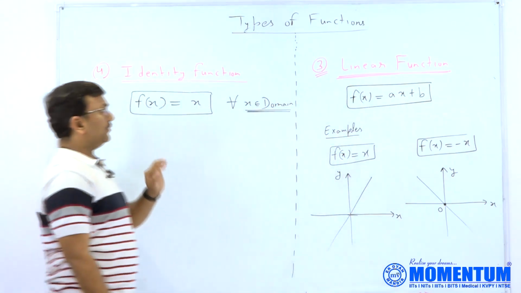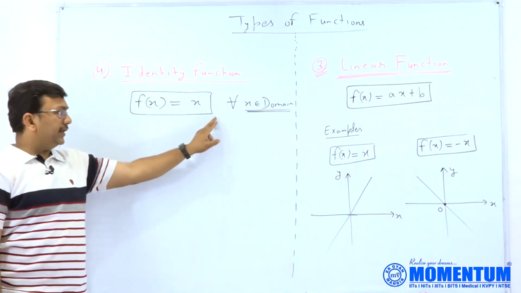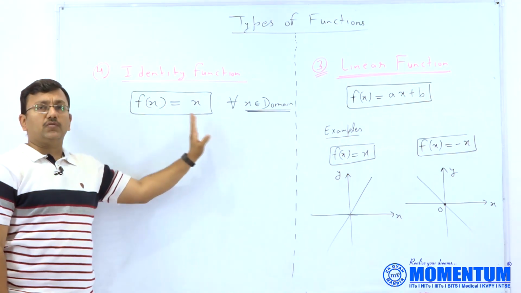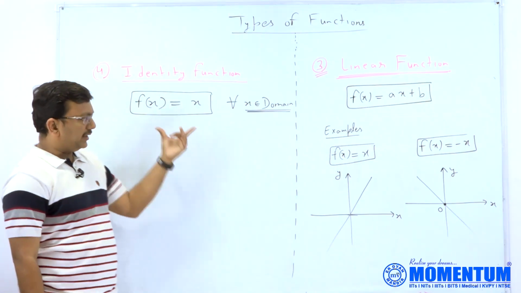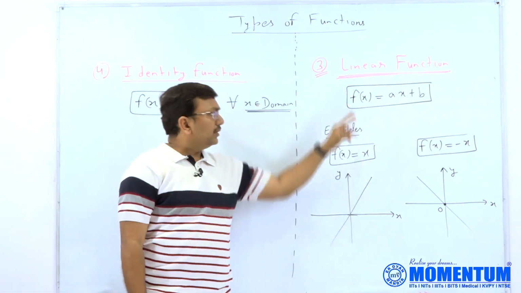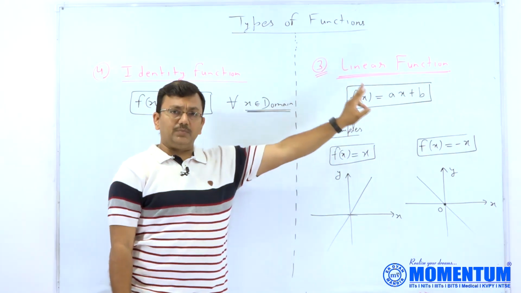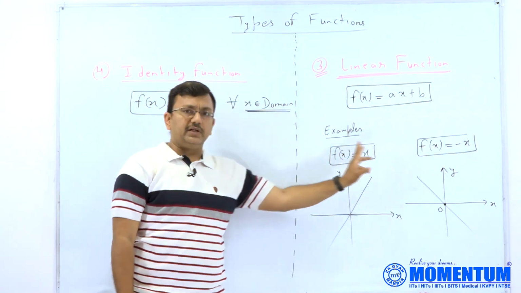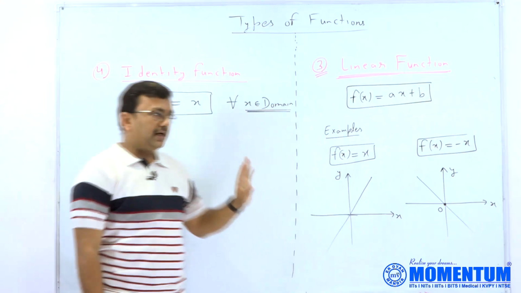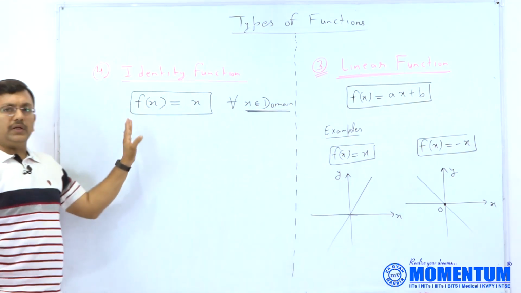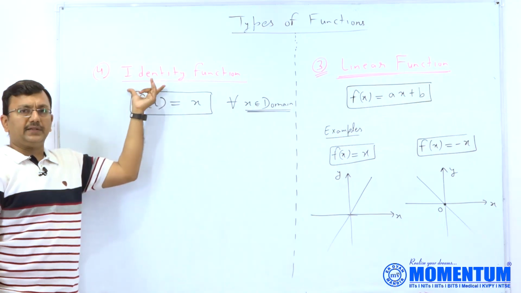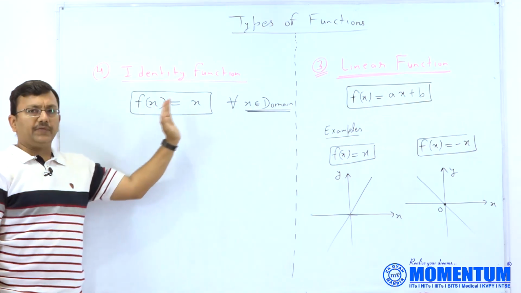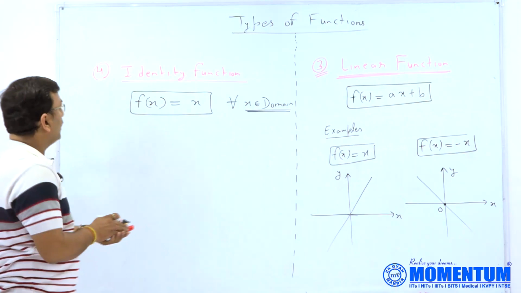But in case of identity, only and only function is f of x equal to x. f of x equal to x यहाँ भी दिख रहा है, यहाँ भी दिख रहा है. For linear, so many examples. Identity, only and only f of x equal to x. No other example for identity.